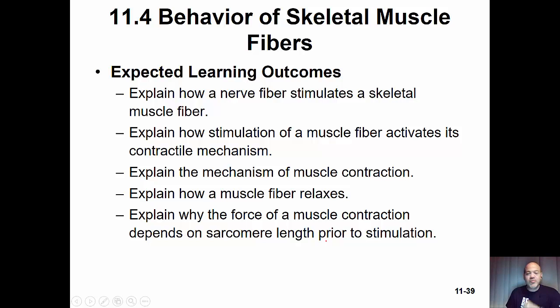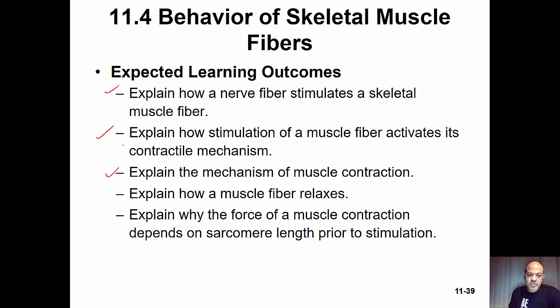Now we're going to move to section 11.4, which is the behavior of skeletal muscles, and we're going to go through each of these objectives. We're going to explain how a nerve fiber stimulates skeletal muscle. We're going to explain how stimulation of the muscle fiber activates its contractile mechanism, and then explain the mechanism of muscle contraction.